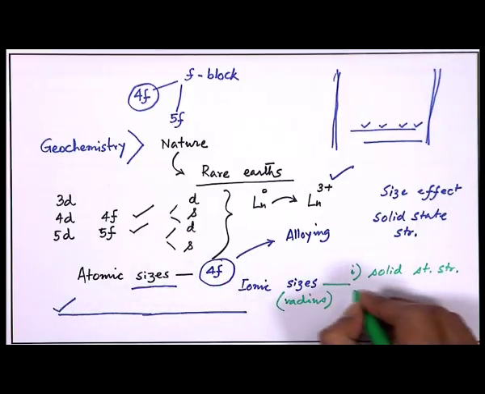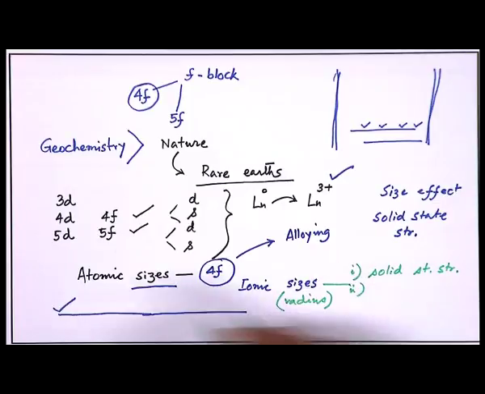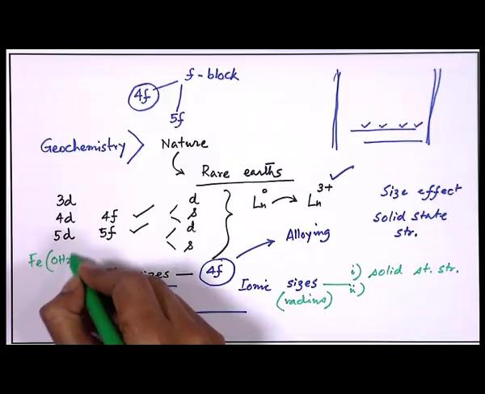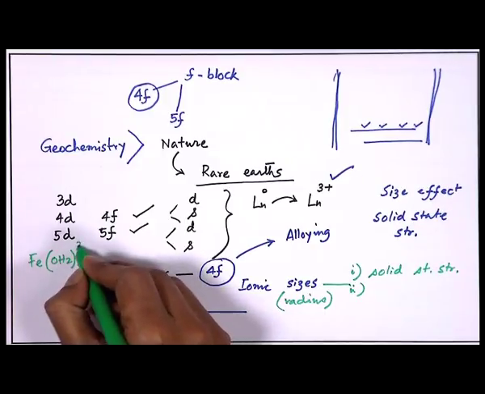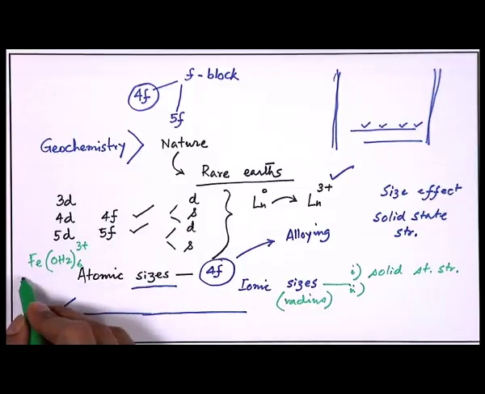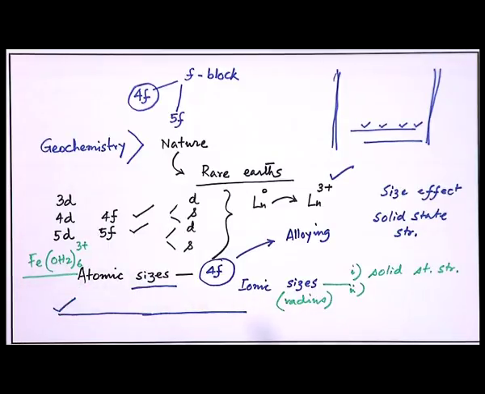Then, we all know that when we dissolve a very simple species like ferric chloride or ferric nitrate in water, the hexaaquaferric ion is formed in the solution, that means the aqueous solution.